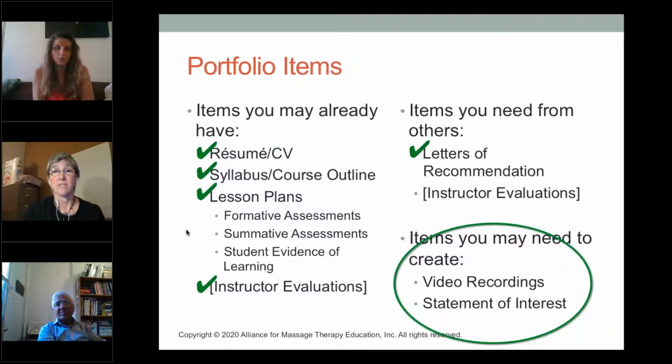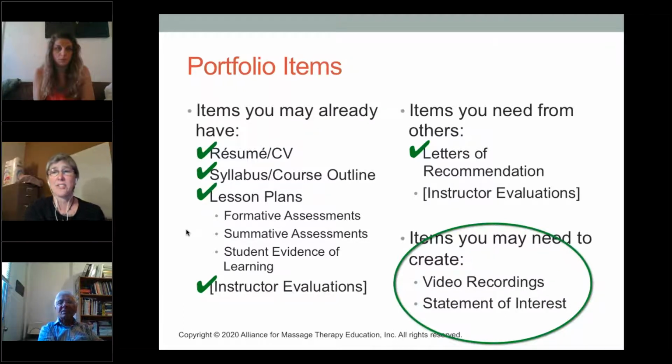So it's really helpful to let those folks in on, hey, this is what I'm trying to demonstrate. I'm trying to demonstrate that I'm competent in these 10 standards, and here they are, and can you speak to any of this? That's what you want to say to your letter writers, okay?